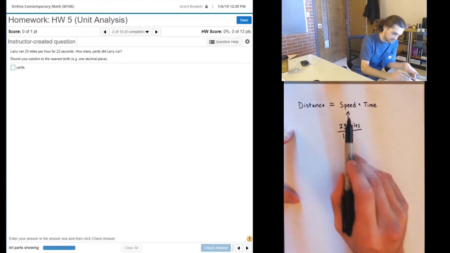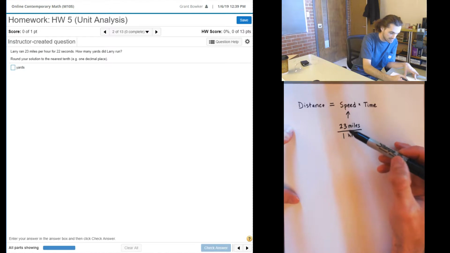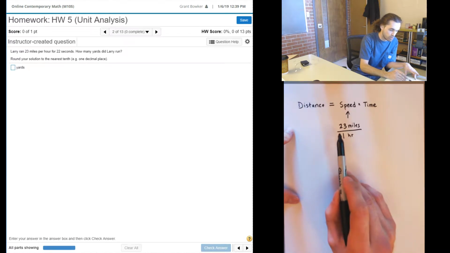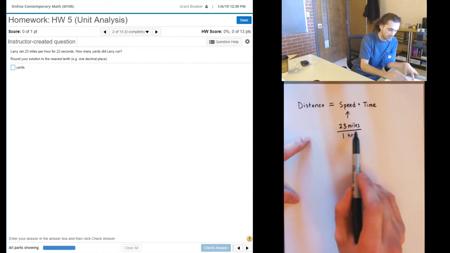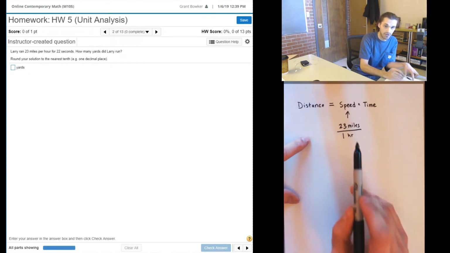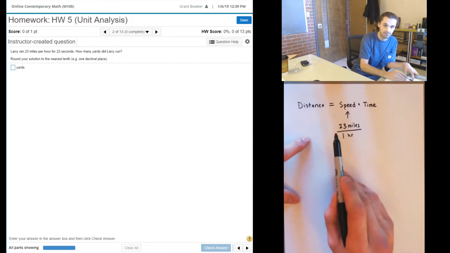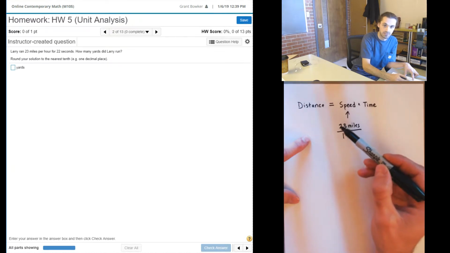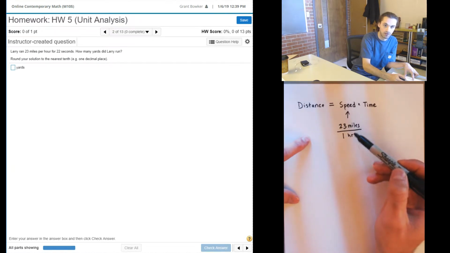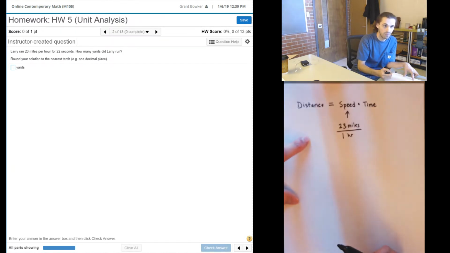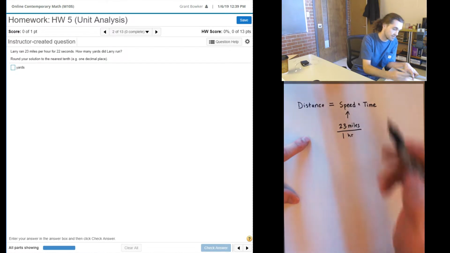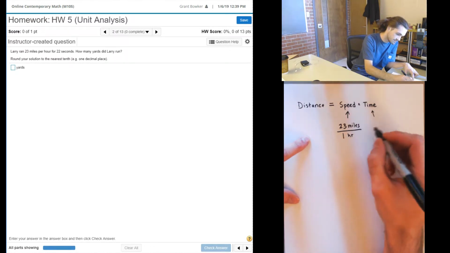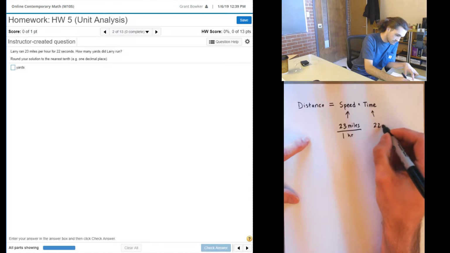So when I say speed is a fraction, I'm saying you need to put 23 miles in the numerator and 1 hour in the denominator. That word per, that magic word per, really is a red flag for a fraction. That word per is a verbalization of this horizontal line. So this really does read 23 miles per 1 hour. The amount of time we're working with here, well, that's the 22 seconds.